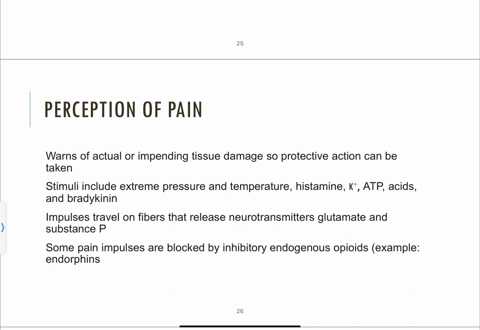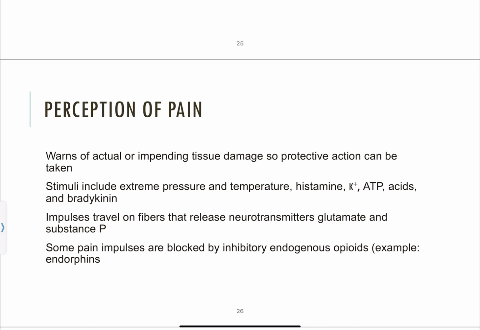A lot of chemicals can also cause pain, things like histamine, potassium, ATP, acids, and bradykinin. We also have impulses that travel on the fibers, and they're going to cause release of neurotransmitters like glutamate and something called substance P. Both of these are able to activate second order sensory neurons to indicate that we have some sort of pain going on.